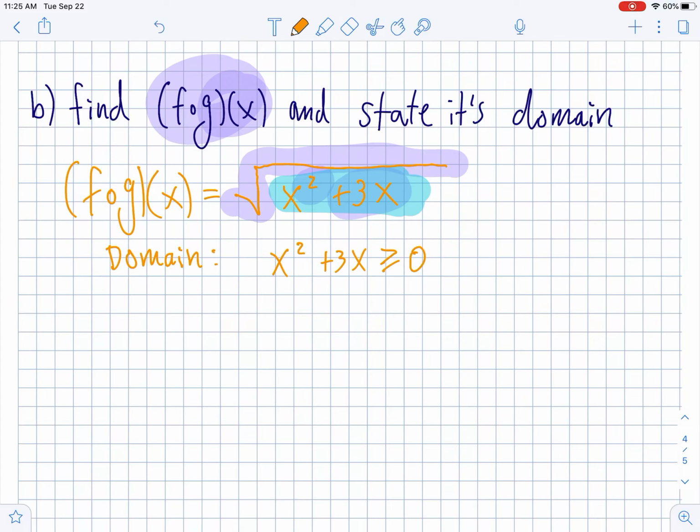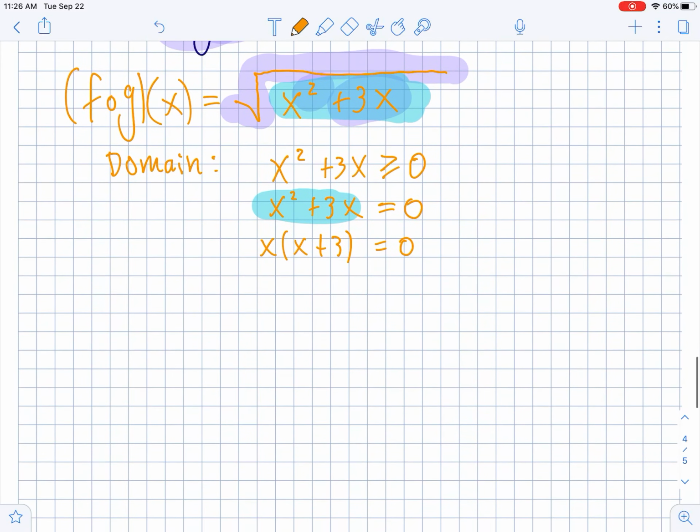First, you pretend that it's like an equal sign, that you're actually solving x squared plus 3x is equal to 0. Now, this side is factorable. It's x times x plus 3 is equal to 0.